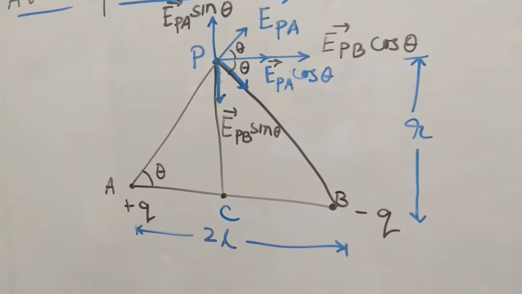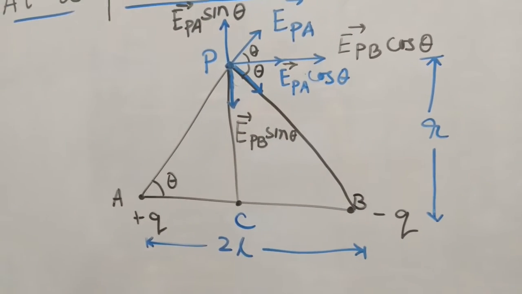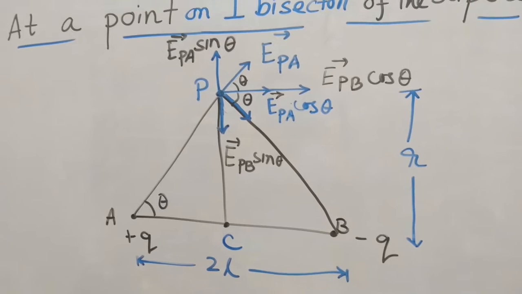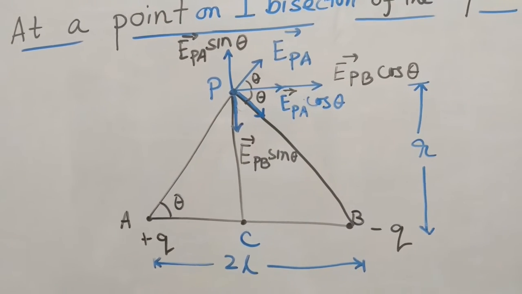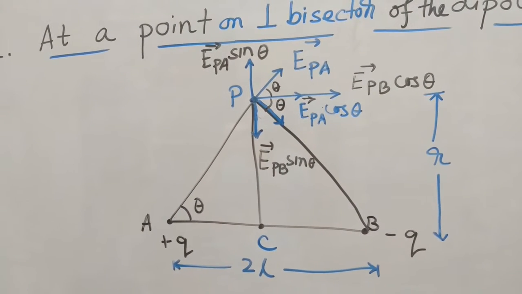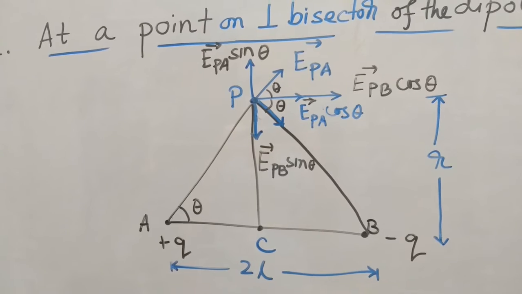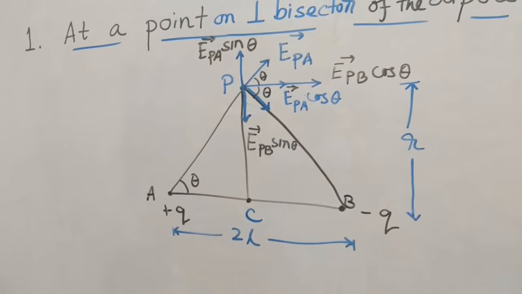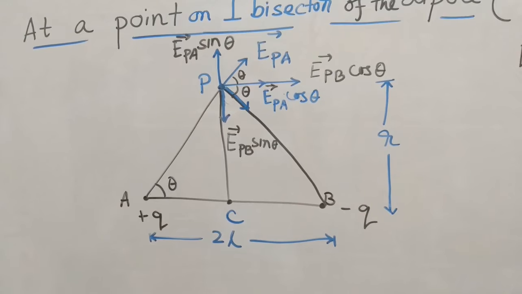We have an arrangement of dipole AB, plus Q and minus Q, and we have two fields EPA and EPB there, EPB being along PB, the blue arrow. I haven't written it because it will become very clumsy.